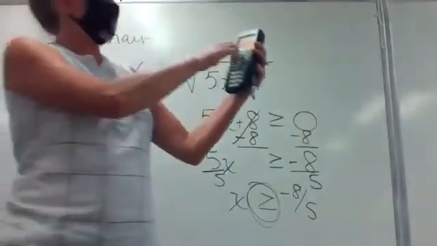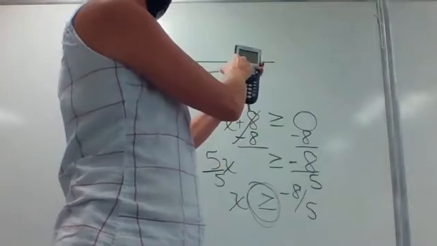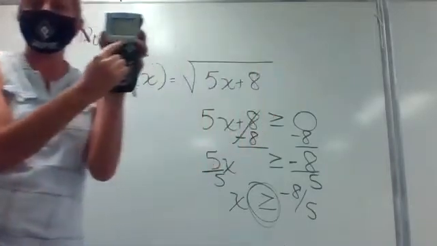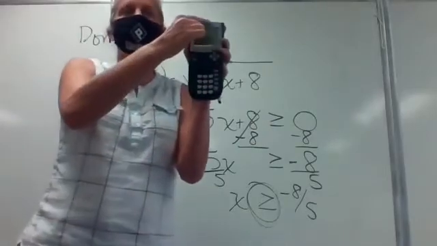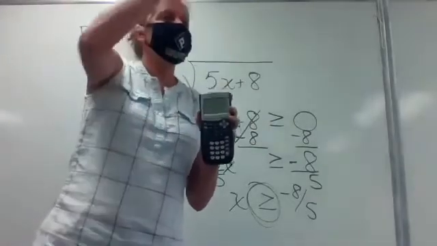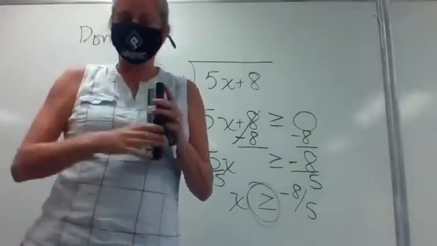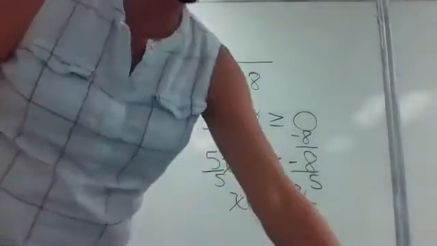The x and y axis, what does your x-axis start at? It starts at negative 10, goes to positive 10. Same with your y-axis. It starts down here at negative 10 and goes up to positive 10. And each hash mark goes by once. So keep that in mind when you are graphing these.